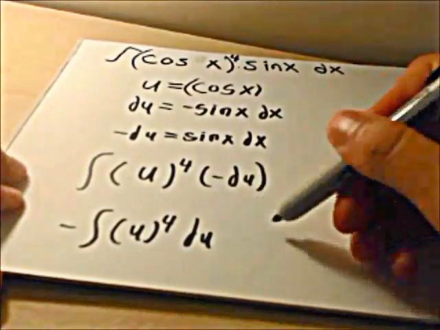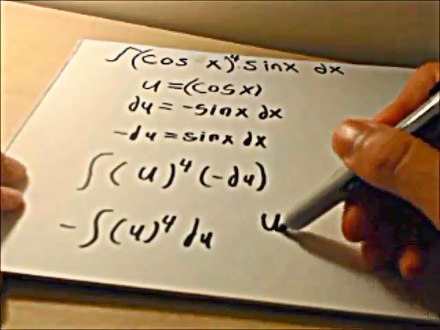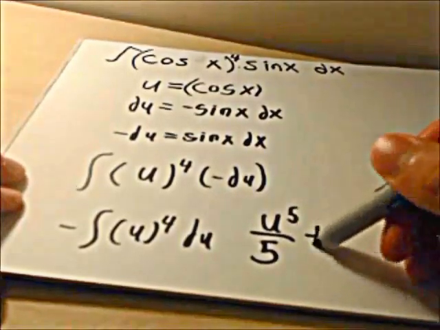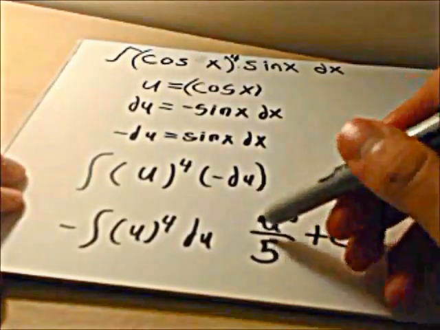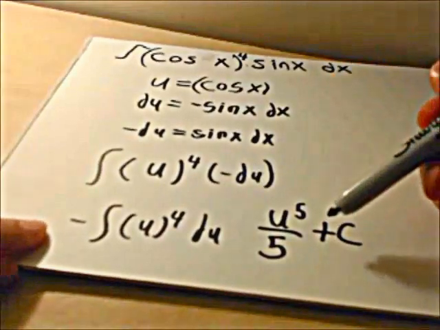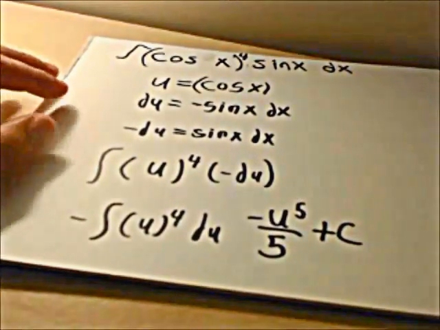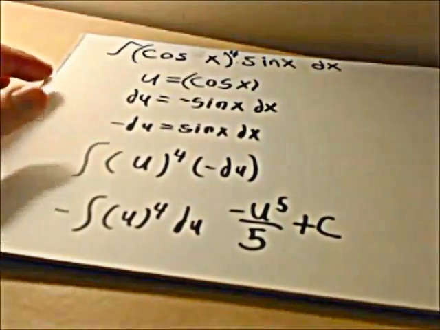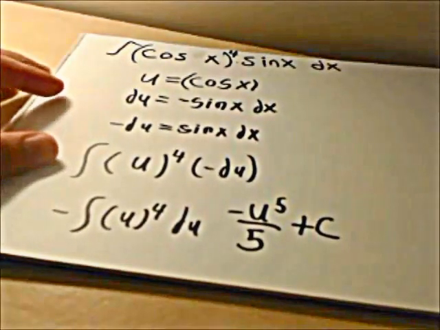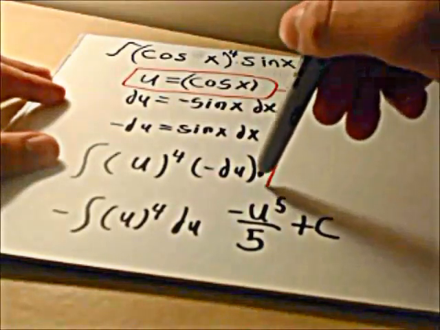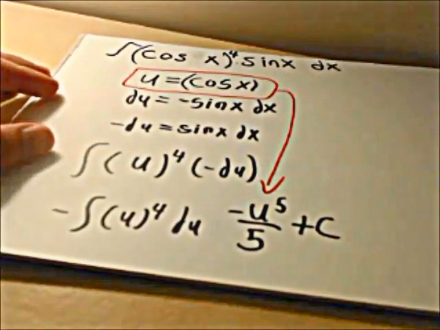So u is going to be to the power 5, divided by the new power, and then plus c. And obviously we can put in the minus now, so it's going to be minus u to the power 5 over 5 plus c. Now I'm going to put back what u equals, what we gave it to.